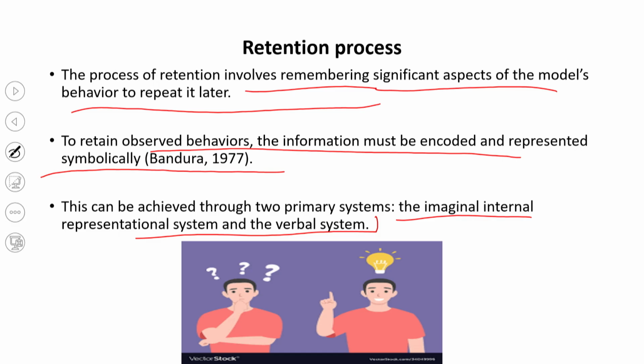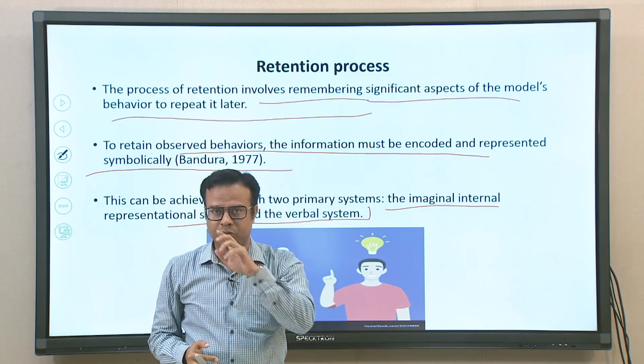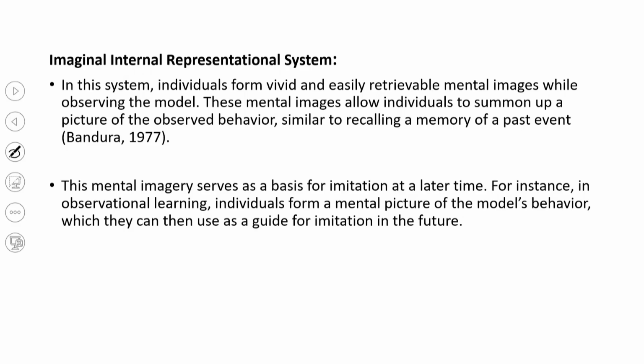One is in the form of images, and one is in the form of verbal statements or the verbal system, like language. If you see this imaginal internal representation system, we see something and we capture the image and remember it. Here, individuals form vivid, easily retrievable mental images while observing the model.